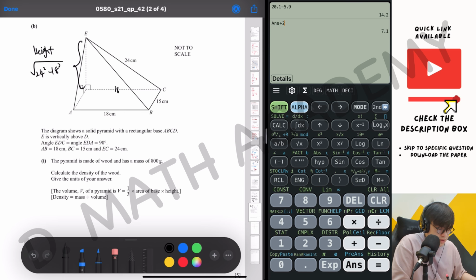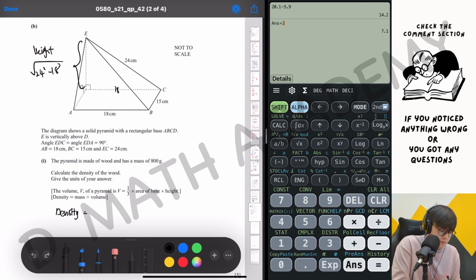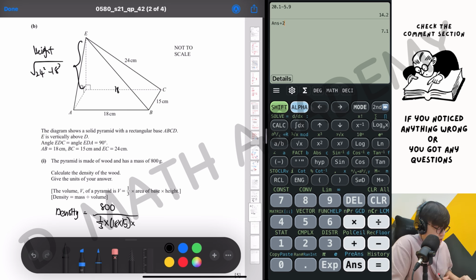So to calculate density, we are keying in. So the density should be 800 grams that was given to us, over 1/3 times area of the base. The area of the base is actually 18 times 15. The height of it will be this that I wrote down, square root of 24 square minus 18 square. Okay, it is actually 6 square root 7.